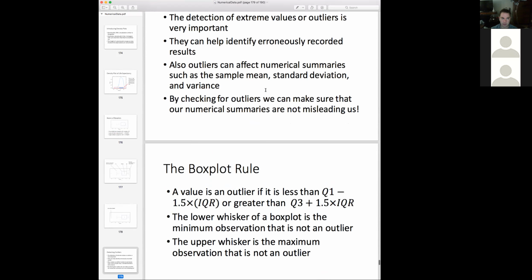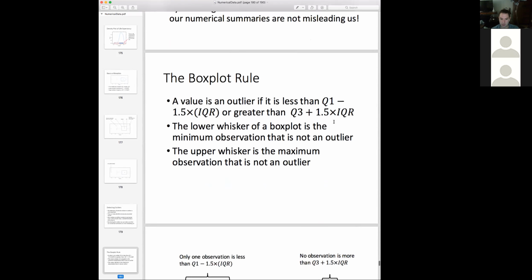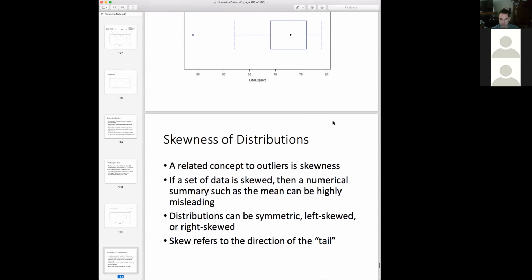And we learned about how to detect outliers using the calculation here, and skewness.